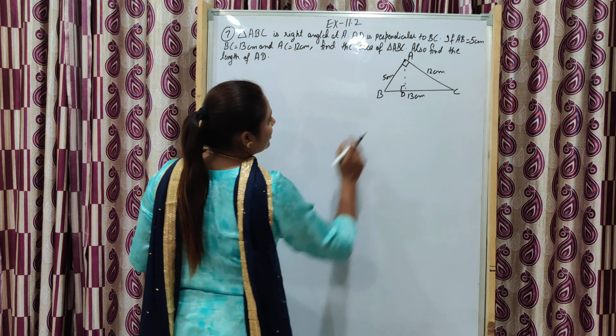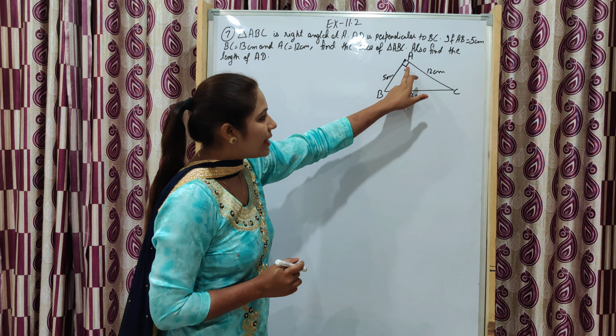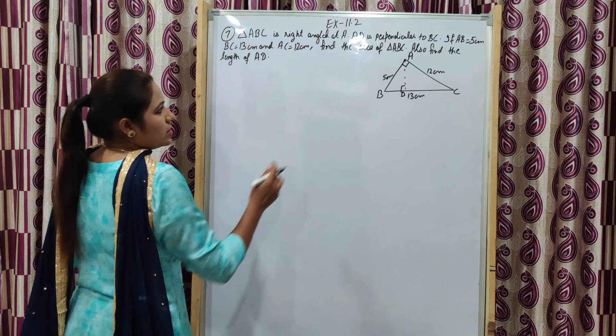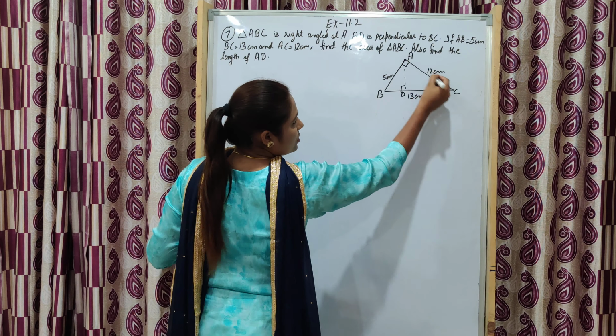First we will find area of this triangle. Now formula of area of triangle is half into base into height, and this one is our right angle triangle. So this one is our height and this one is our base.